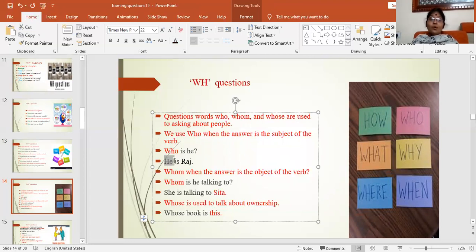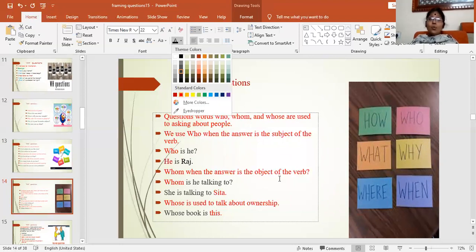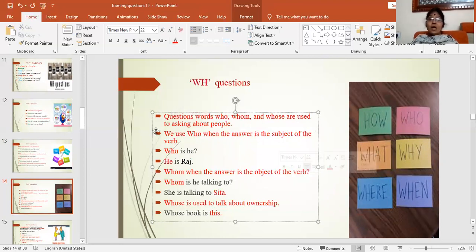So what do we learn over here? We learn that who, whom, and whose are used to ask questions about people. We use who when the answer is the subject of the verb. We use whom when the answer is the object of the verb.